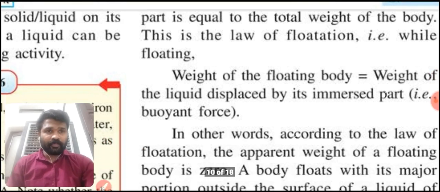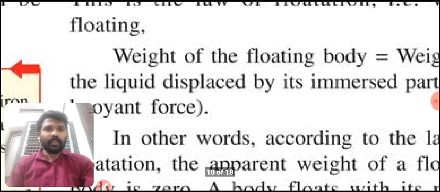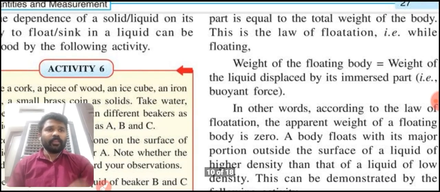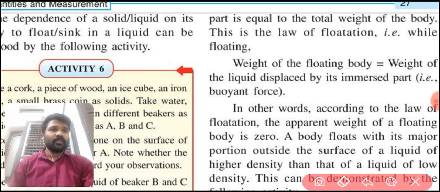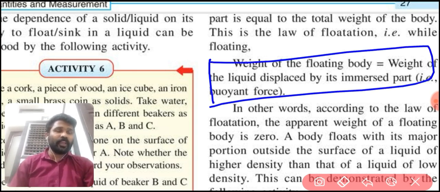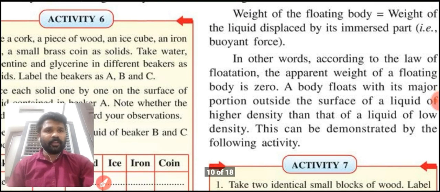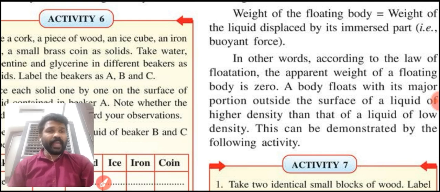While floating, the weight of the floating body is equal to the weight of the liquid displaced by its immersed part. That is the law of flotation. In other words, according to the law of flotation, the apparent weight of the floating body is 0.